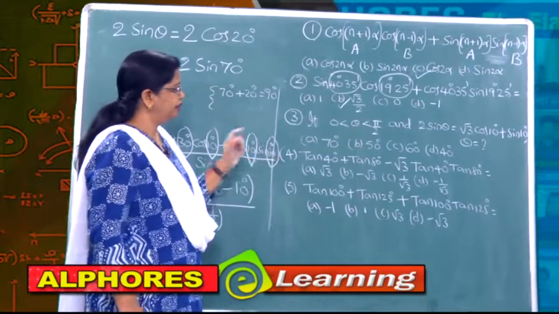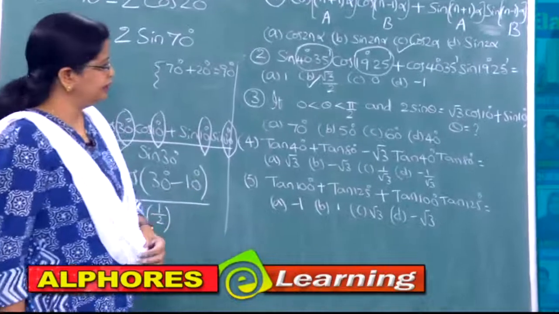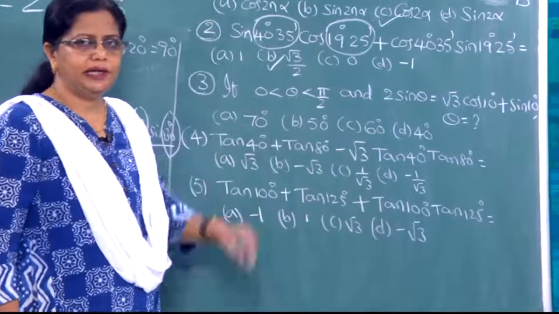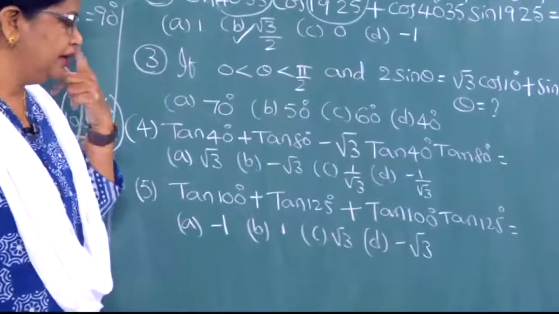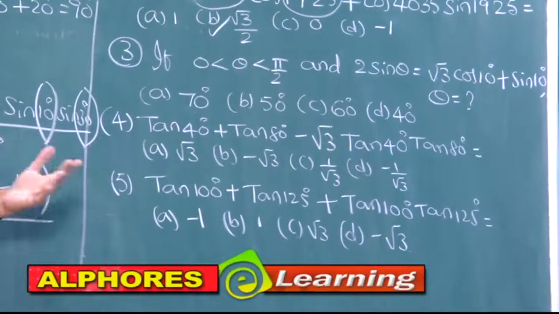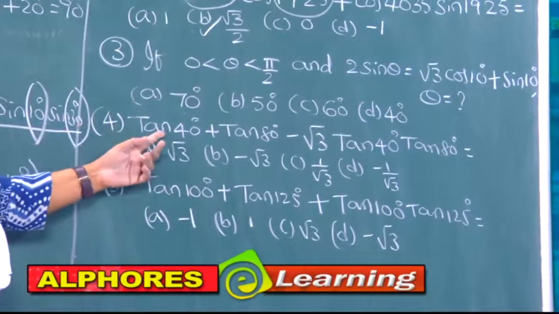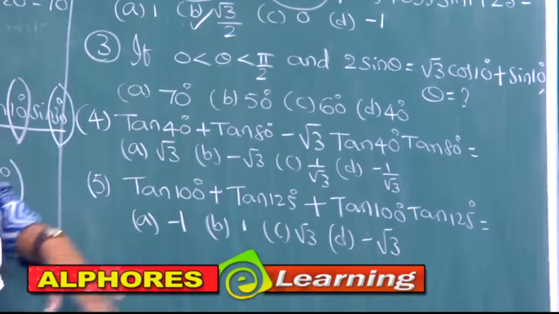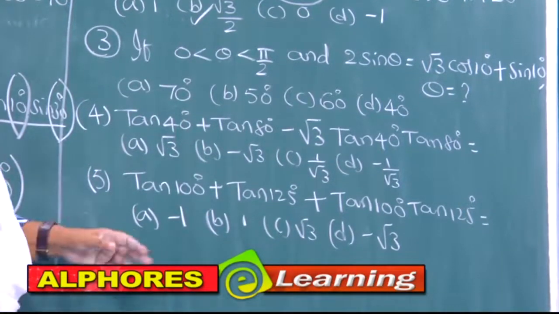Now what about the fourth one? Observe: tan 40 plus tan 80, and minus root 3 into this entire value. I already told you, you should not write tan A plus tan B as equal to tan of A plus B, understand, that is clear.